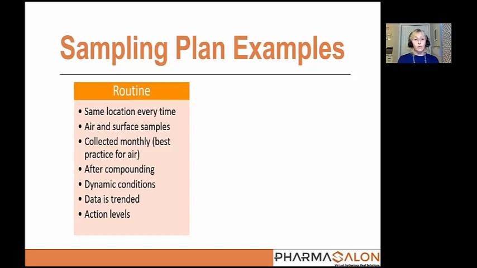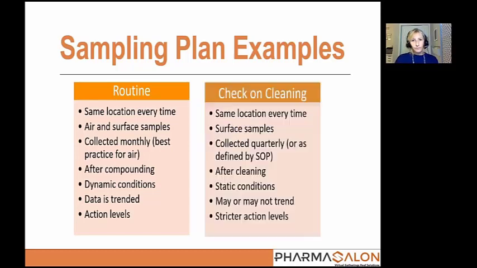As I said, we'd love to see you doing it more frequently, being collected monthly. This happens during dynamic conditions for the air, but after compounding or in between compounding activities for the surface. Then this data is trended and you have action levels that you apply your data to, to see whether or not you're meeting where you need to be. That's your routine sampling plan.